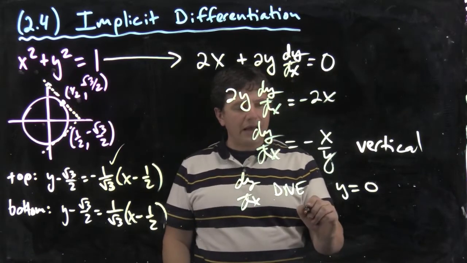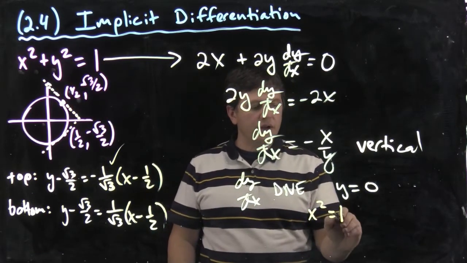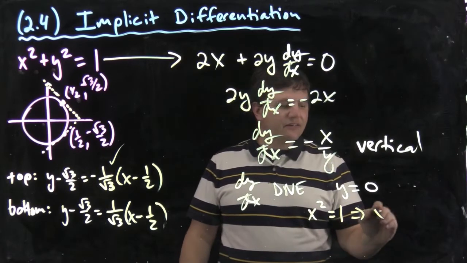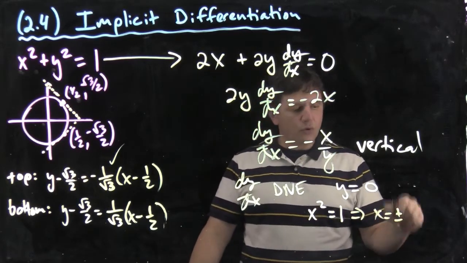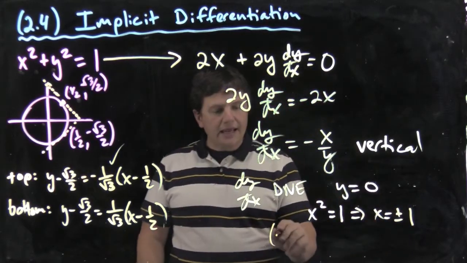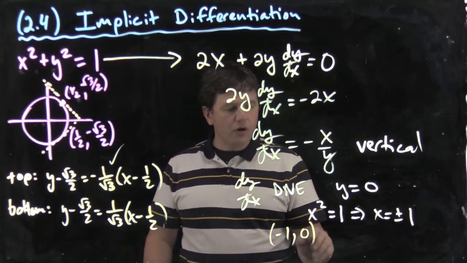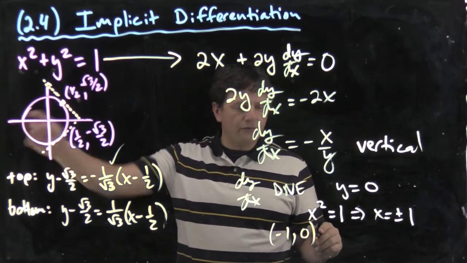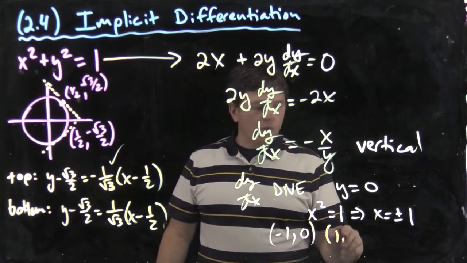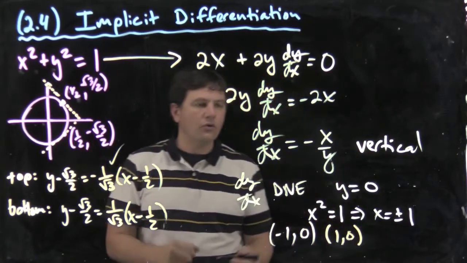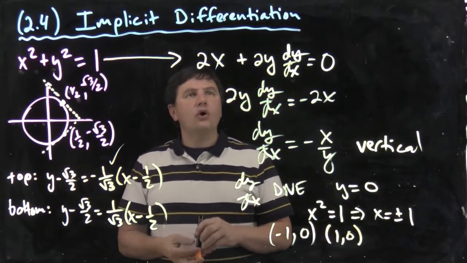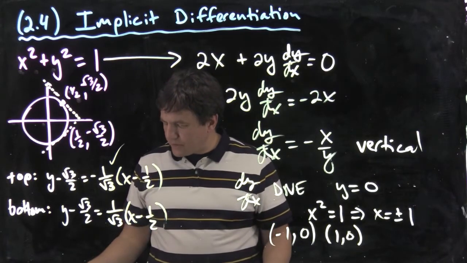We plug 0 in for y, which is going to give us x squared is equal to 1. So that means we get x is equal to plus or minus the square root of 1, which is just 1. And I get my 2 points, negative 1, 0, where it's vertical over there, and 1, 0, where it's vertical over there. Okay, so this is implicit differentiation.